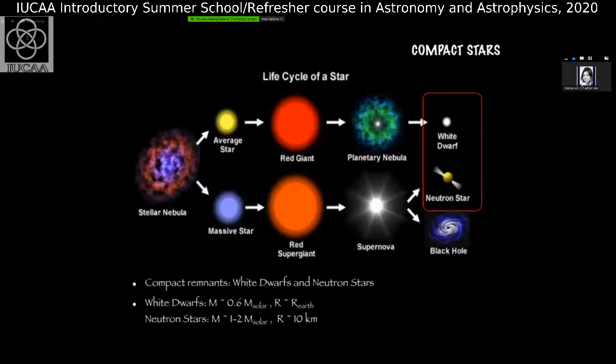On the other hand, neutron stars are even more dense. They have masses about 1 to 2 times that of the sun within a small radius of only 10 kilometers. So compact stars are extremely interesting because they are like cosmic laboratories that allow us to study dense matter in the universe.